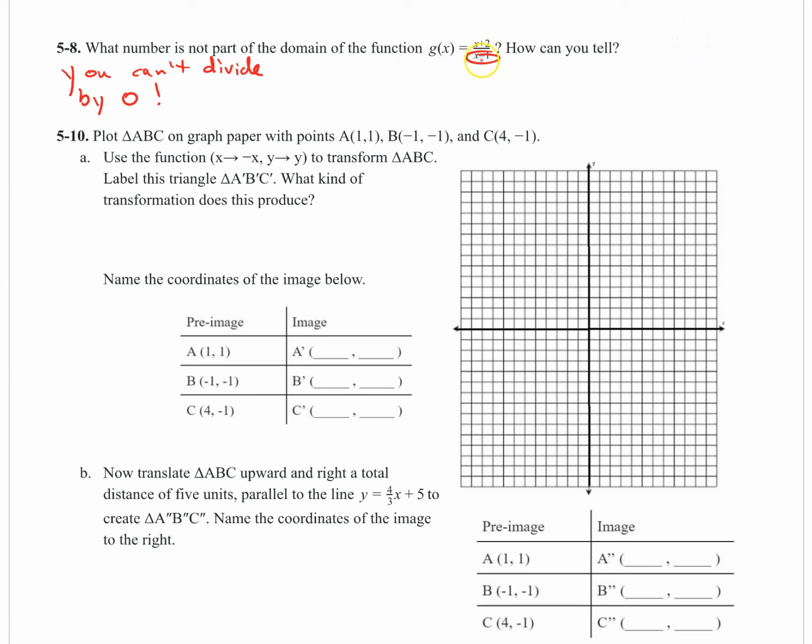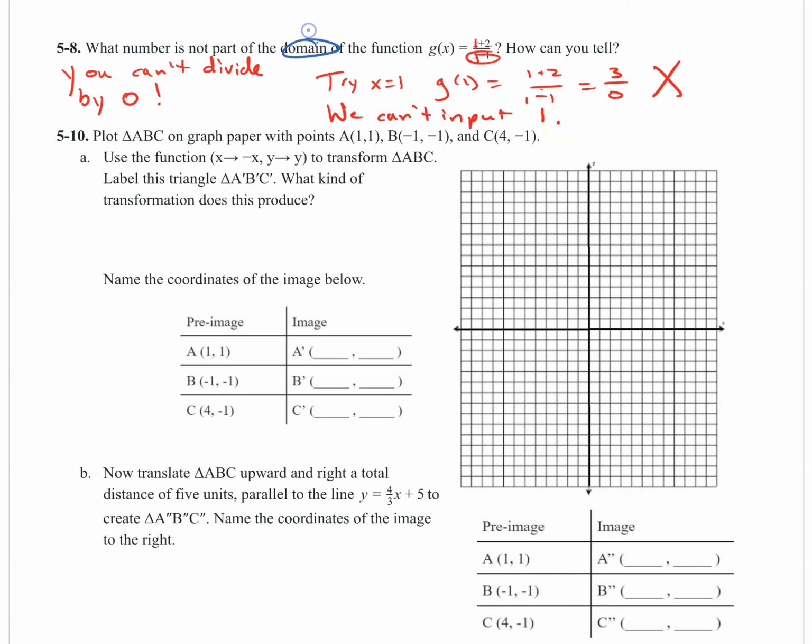So what number could you put in that would turn it to 0? Let's try x equals 1. So it's 1 plus 2, plugging in 1 for x, 1 plus 2 over 1 minus 1. And that is 3 divided by 0. That doesn't work. So what does that mean? We can't input 1.